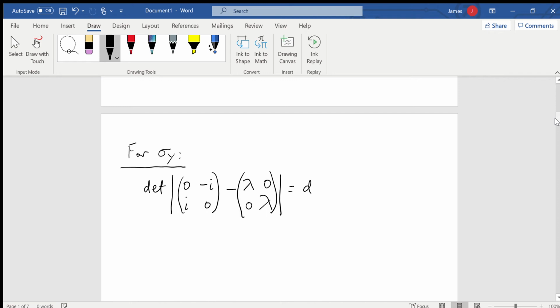That's just going to be the determinant of 0 minus lambda, which is minus lambda, minus i minus 0, which is minus i, and then i minus 0, which is i, and then 0 minus lambda, which is minus lambda. Set that equal to 0.